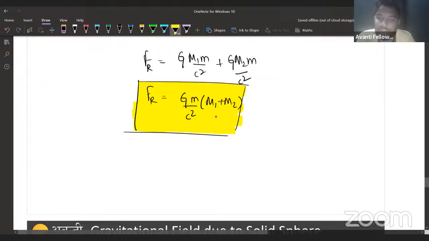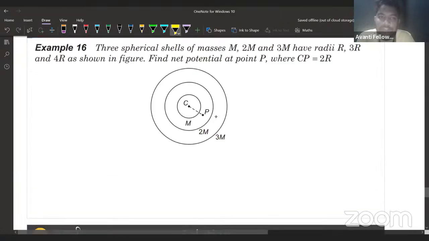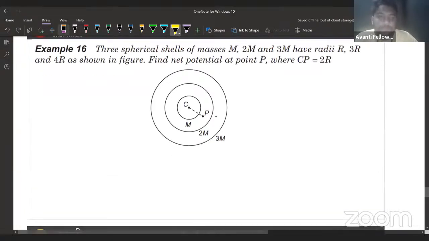So hopefully this question is clear. Now, the same question, I would just like to remove this, and you have to calculate the force yet again at point P. You have to calculate force at point P. Come on, solve it, guys.